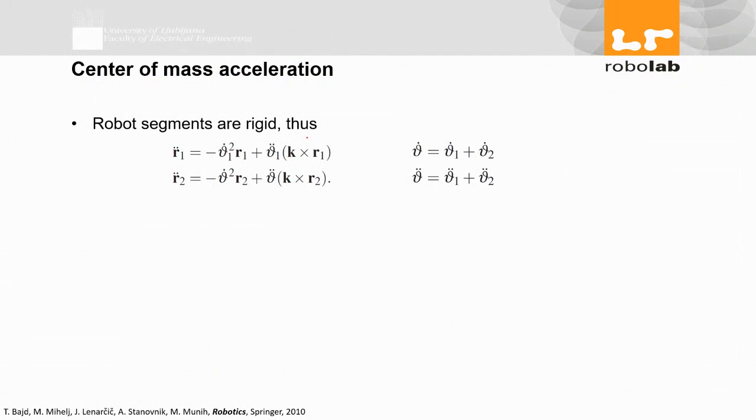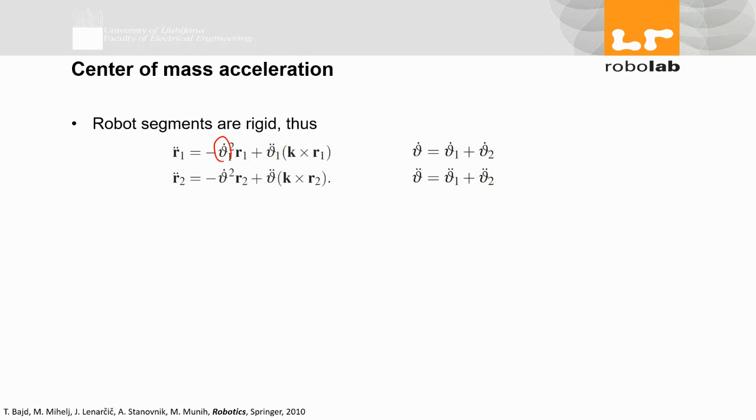For the robot segment, rigid body, we have the second derivative of theta 2. This is the acceleration of the rotational movement of joint 1. Same here, and this is, sorry, my bad, I couldn't see.